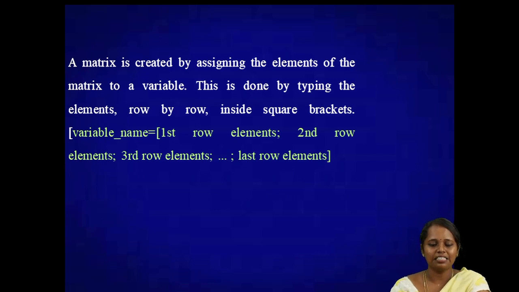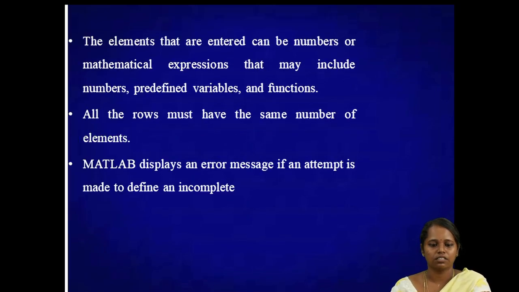The matrix is created by assigning the elements of the matrix to a variable. This is done by typing the elements row by row inside square brackets. So this is the syntax: variable name is equal to first row elements, semicolon, second row elements, semicolon, third row elements, etc. We can add n number of rows.